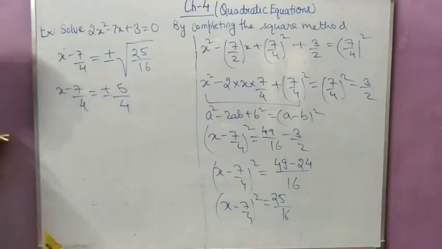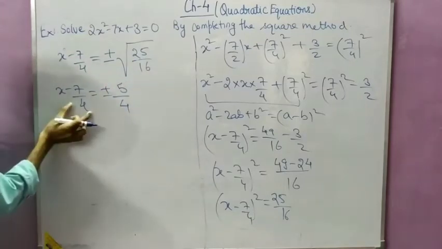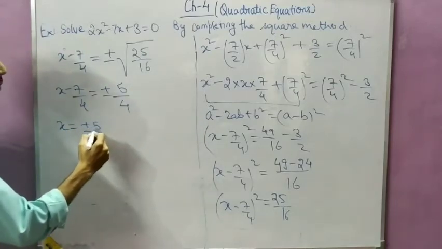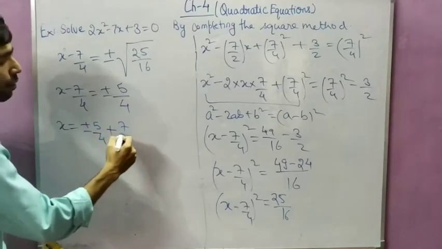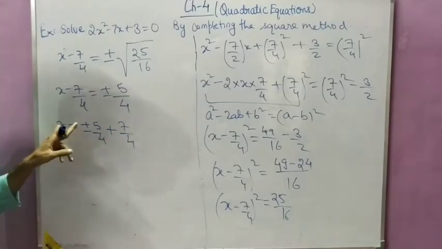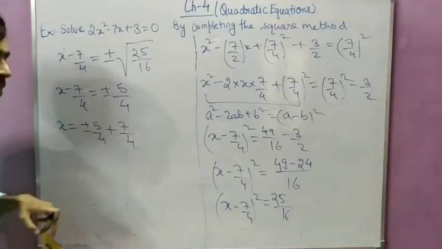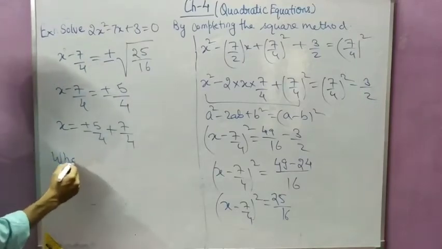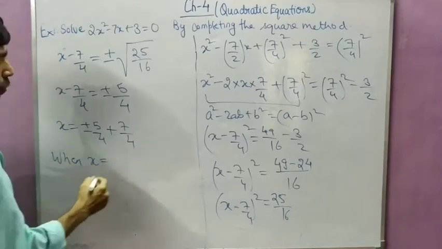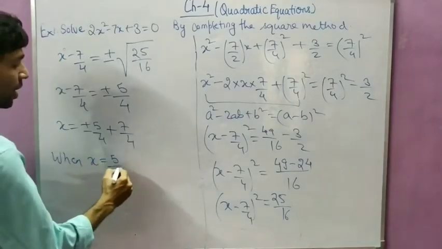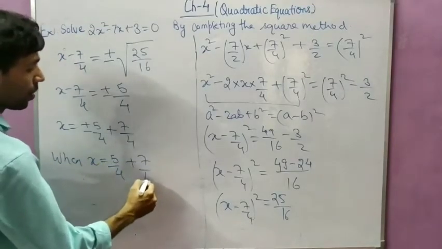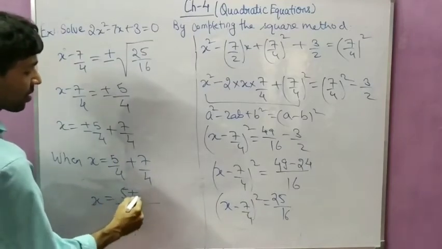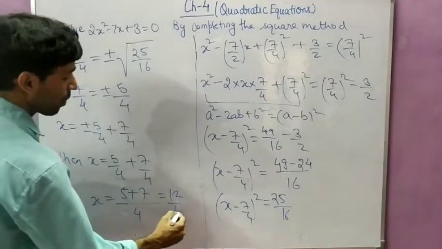So that much we got now. Now transfer this to that side. So x will be equal to plus minus 5 by 4 plus 7 by 4. Because there are two values, first plus, second minus, we will take two cases. First take plus: when x equals plus 5 by 4 plus 7 by 4, it becomes x equal to, LCM will be 4, 5 plus 7, that is 12 by 4.